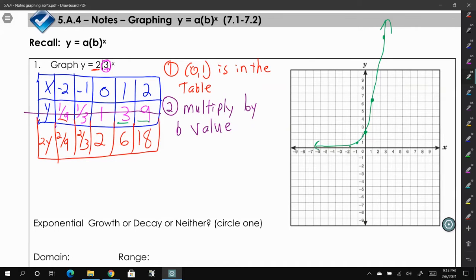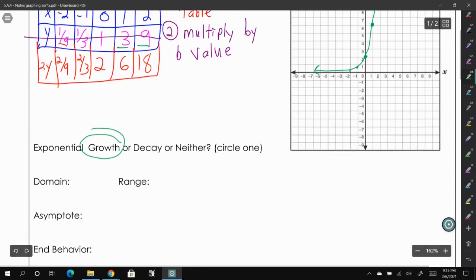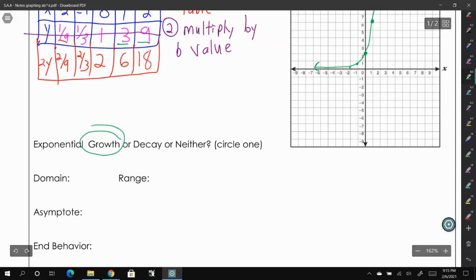So this is exponential growth because our B value is positive, and if you look at the graph, it's going up and to the right. The domain of all exponential functions is going to be -infinity, infinity. The range is where things get a little bit complicated.